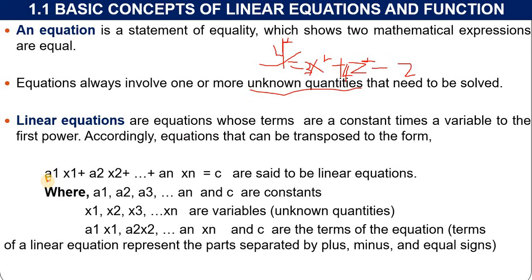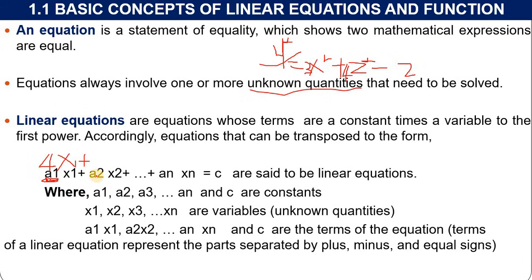For example, this is an example of a linear equation: a1 x1 plus a2 x2 plus ... plus an xn is equal to c. Here a1 is a constant, and x1 is a variable, an unknown quantity.